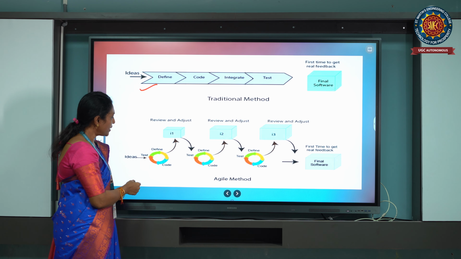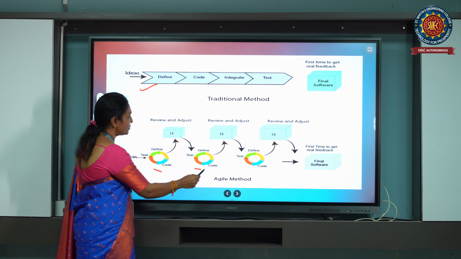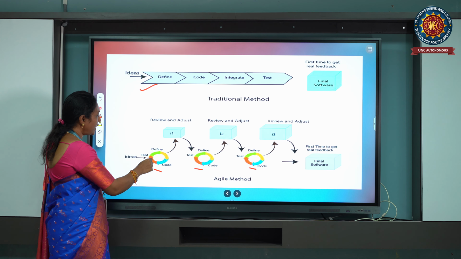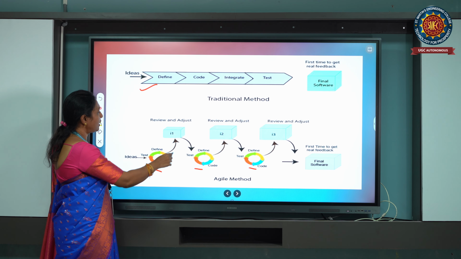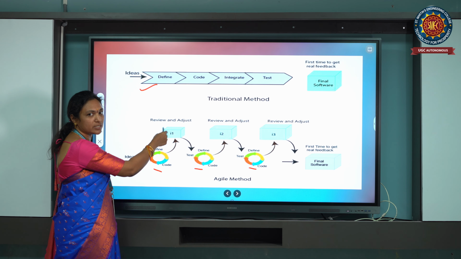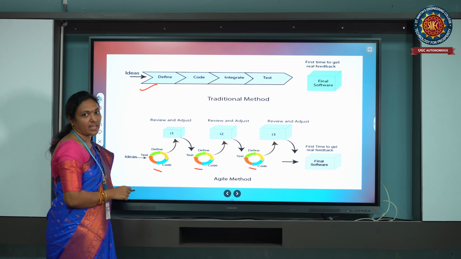Here the other model is the agile method. In this agile method, as I told you, you will have iteration 1, iteration 2, iteration 3, like that. When one iteration is completed, it is given for review and adjustment by the customer. The customer verifies whether the requirements are satisfied, and then they start the next iteration.